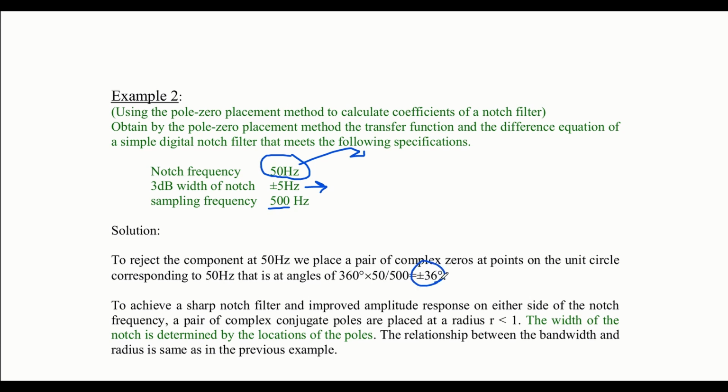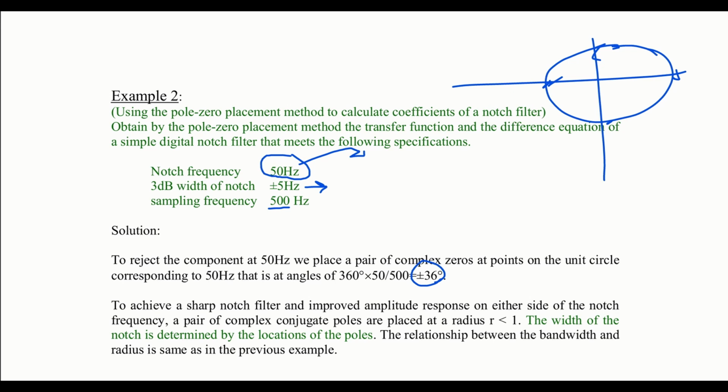But I realize that 36 degrees doesn't lie on the real axis. If you have the real axis, usually the angles that lie on the real axis will be 90, 180, 270, or maybe 360. Those angles.